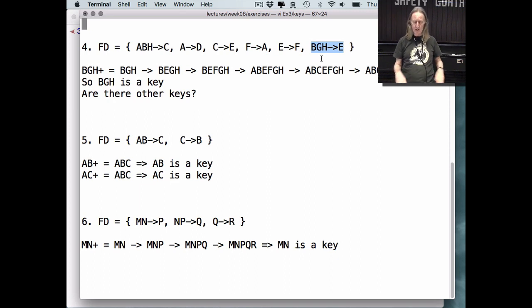Not at this stage. So I can apply that rule and add E to my set of attributes that can be derived starting from B, G and H. Once I've got E, I can then apply this rule to add F to my set, and once I've got F and B and G and H, what else can I apply?